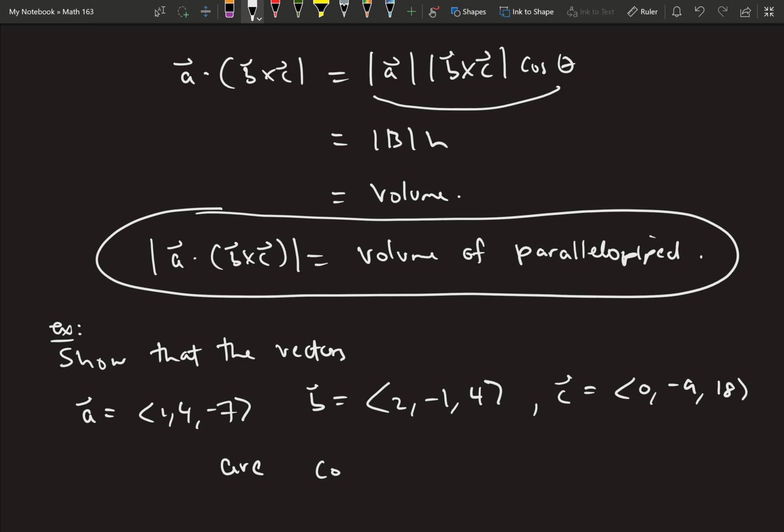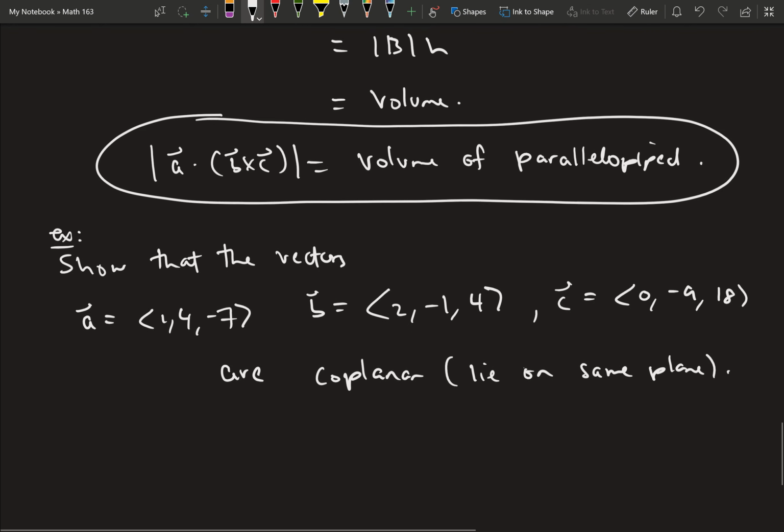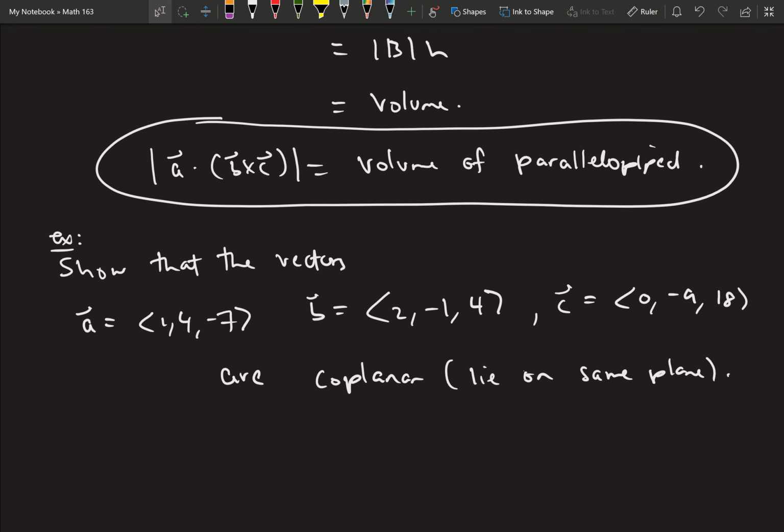These are what are called coplanar, i.e. they lie on the same plane. Okay. Now what does that mean geometrically?